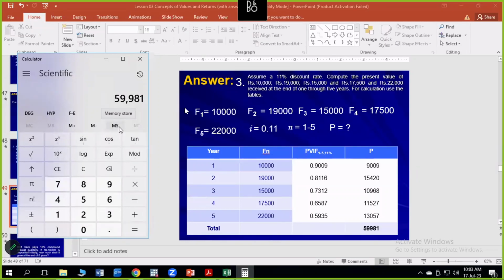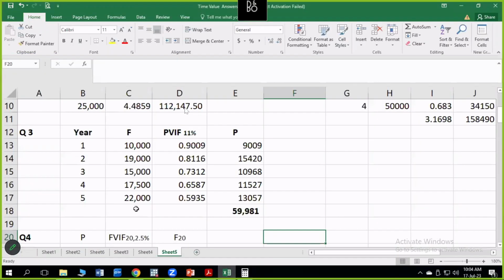Yes. The correct answer would be 59,981. According to the procedure, you are allowed to add these. But if you take long numbers, that may be a problem for you.